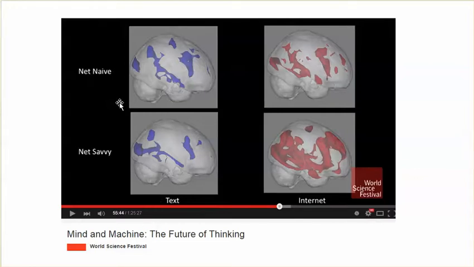They took a person who is what they call net naive, has never been on the internet, right? They have no idea how to search the internet and so on. So they did a brain scan of a net naive person around 60 years of age as the person was reading a book, a text.